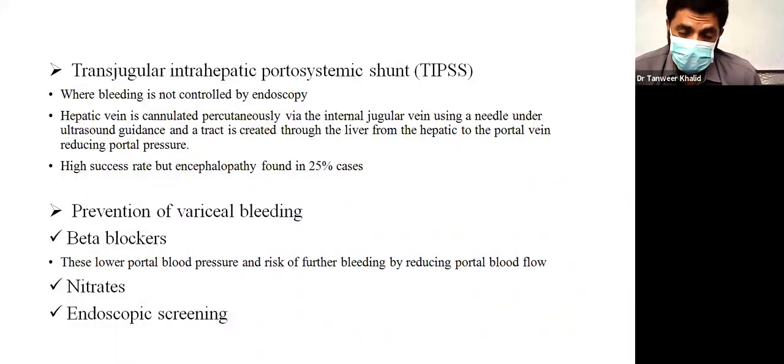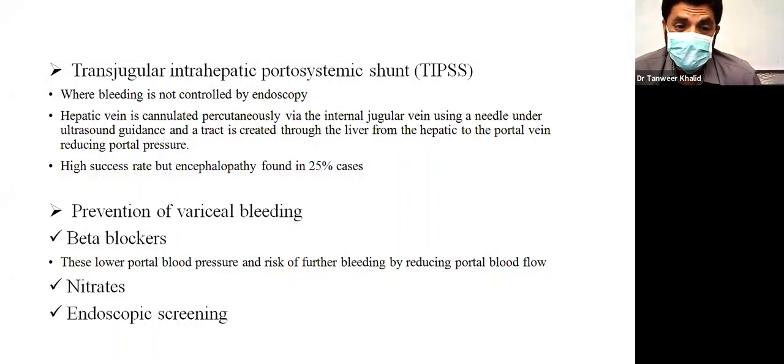The problem is in the liver: there is increased resistance that increases the backflow and the portal pressure. So we lay a channel from the portal vein to the hepatic vein, so blood bypasses the liver. The blood that initially went through the liver now traverses directly from the portal vein to the hepatic vein.